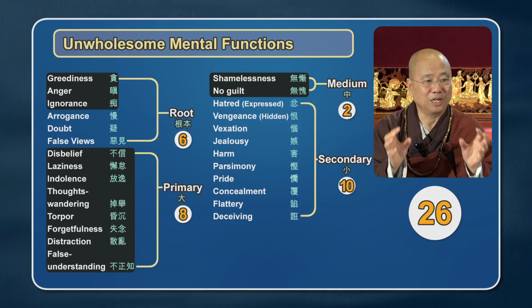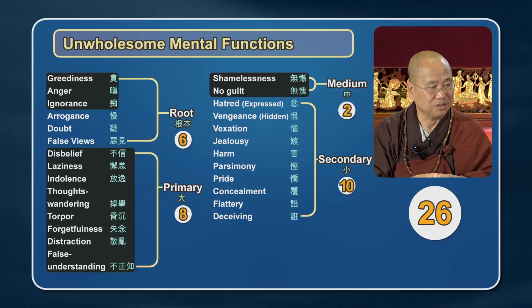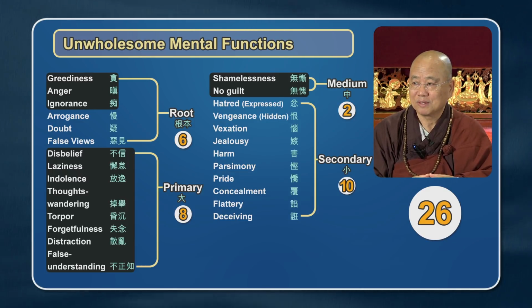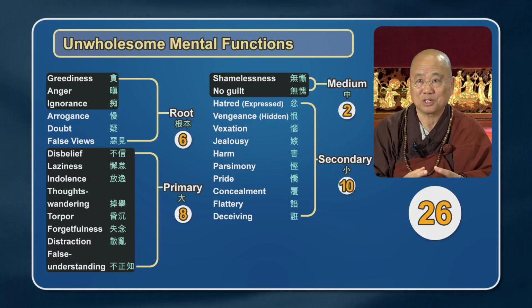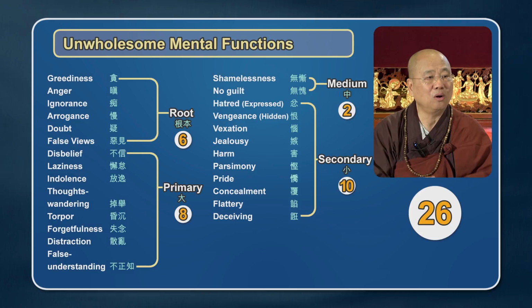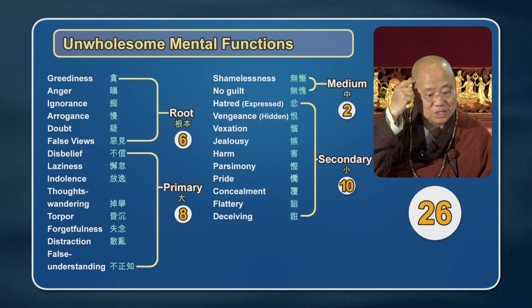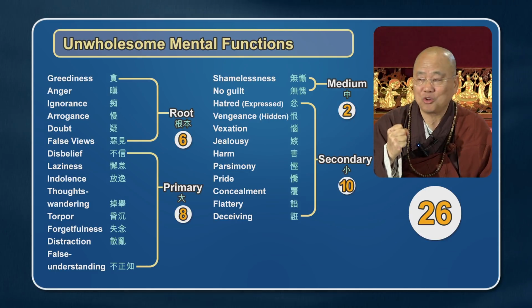They are related with the first 5 consciousnesses. And all the others that are not highlighted, if you add them together with the highlighted ones, they come up to 26, which is the total. They are all interactive with the 6th consciousness. So the 6th consciousness is extremely active.